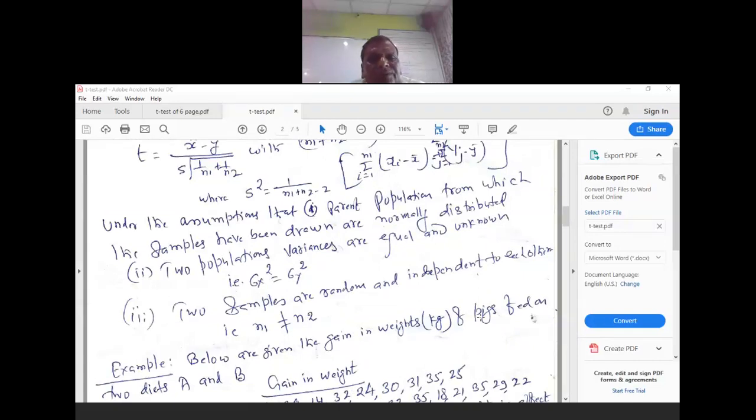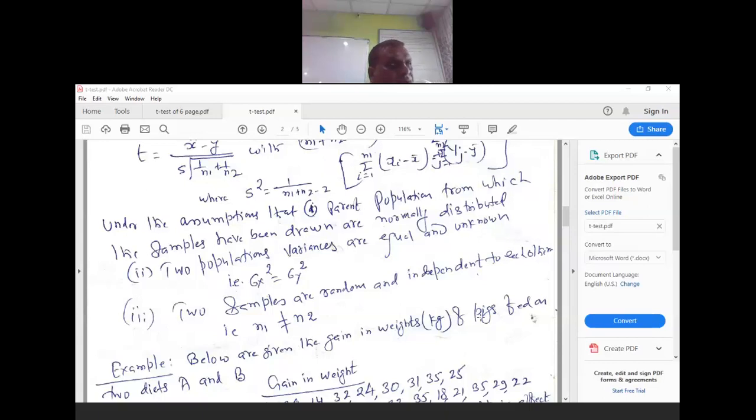The second is that the two population variances are equal and unknown, that is sigma x square is equal to sigma y square. And third, n1 is not equal to n2, and the samples are independent.